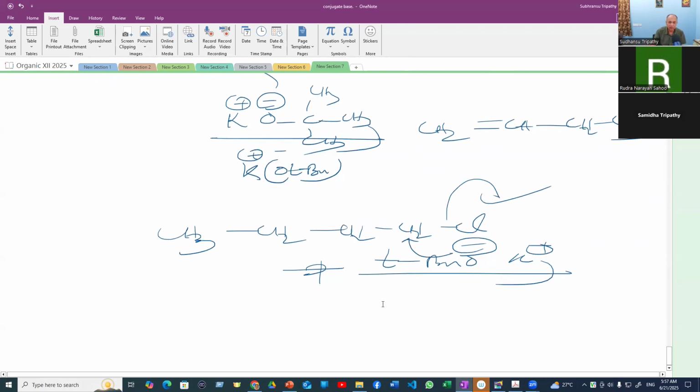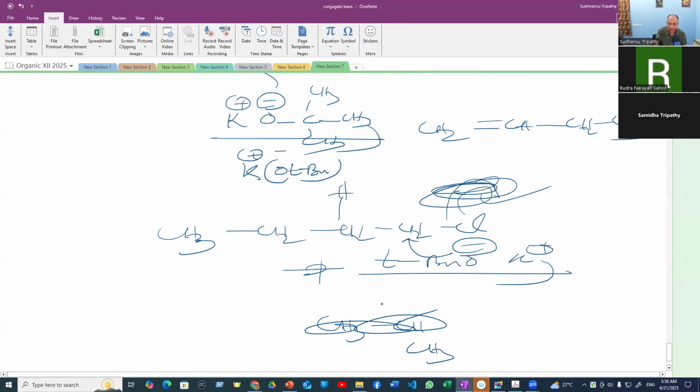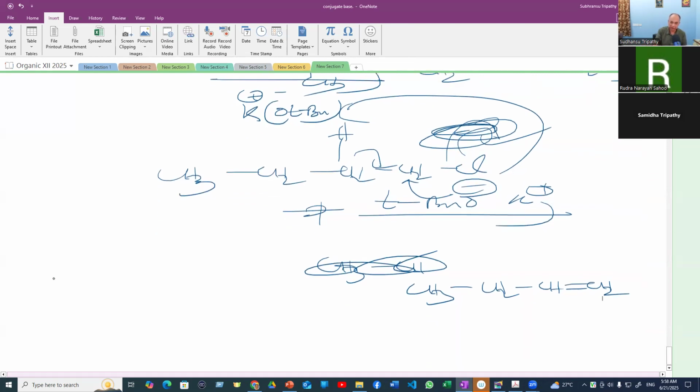Though entering inside the umbrella-like structure will be a little difficult, this will happen. So in this case, no, I'm sorry. The major product again will be but-1-ene. I am so sorry. I will make that point now: the major product will be but-1-ene. Among elimination products, but-2-ene will be minor, the major is but-1-ene, but there will be some substitution product.